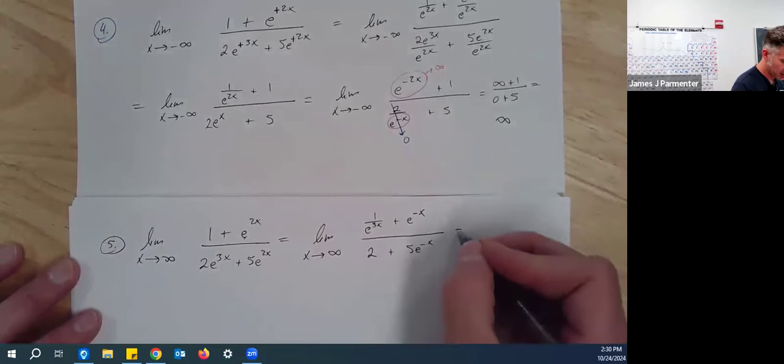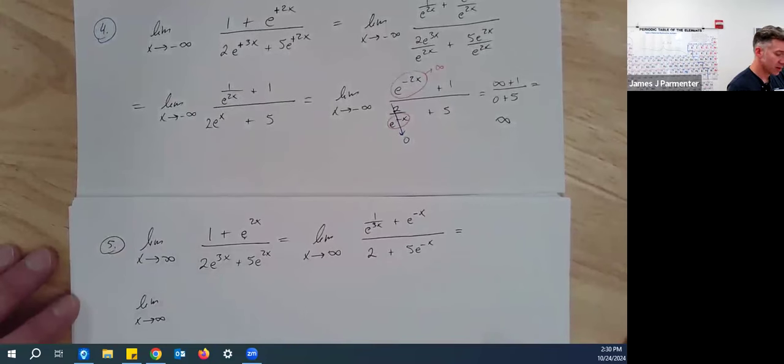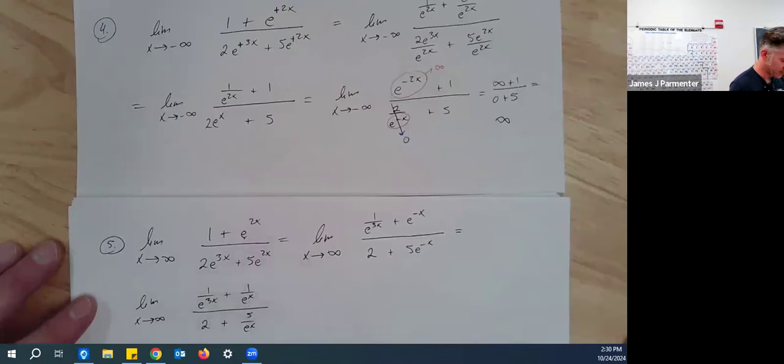And again, if you're me, or someone like me, you prefer to have e to a positive power. So I'm going to rewrite this as 1 over e to the 3x plus 1 over e to the positive x over 2 plus 5 over e to the positive x.